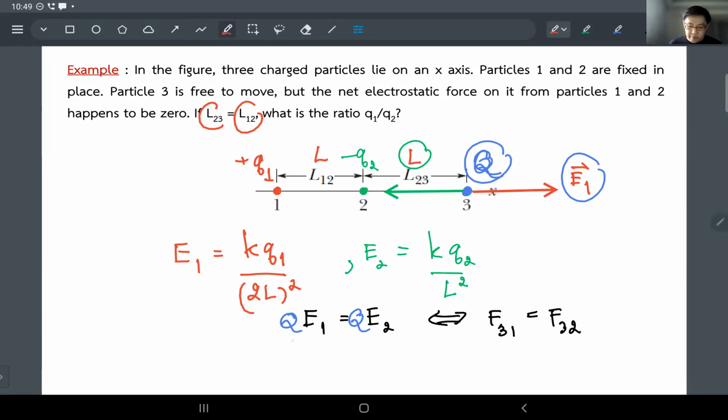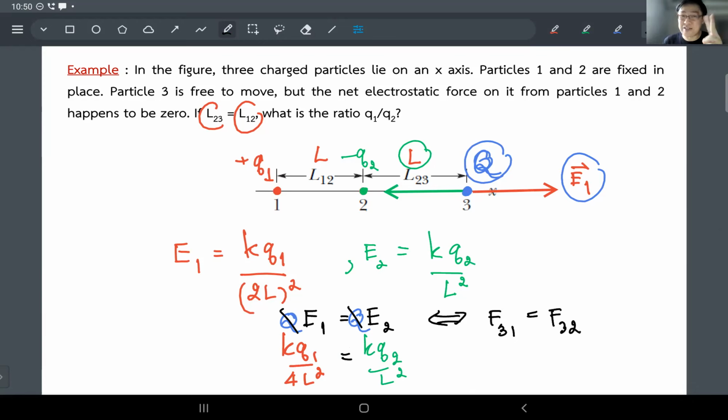So E1, you already figured out, is KQ1 over 4L squared. And that's going to be equal to the green KQ2 over L squared. See? And eventually Q cancel anyway. You don't even have to care. So this is the reason why, to me, I prefer electric fields, because every time that we talk about force, you always talk about a pair of charges.